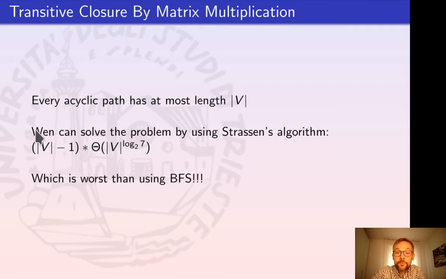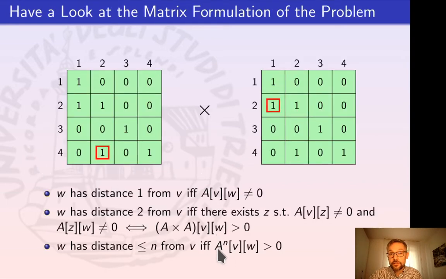This is due to the fact that we are performing V minus 1 multiplications times the complexity of the Strassen algorithm, which is theta of cardinality of V at the power of logarithm base 2 of 7. Okay? So the idea to solve the problem could be the one of computing the matrix we saw before, so the matrix A at the power of n, and then using this matrix as a result.